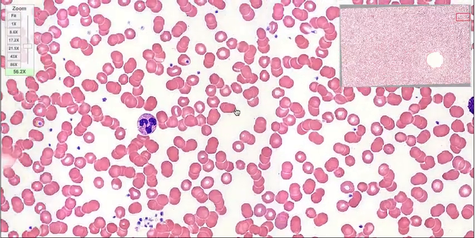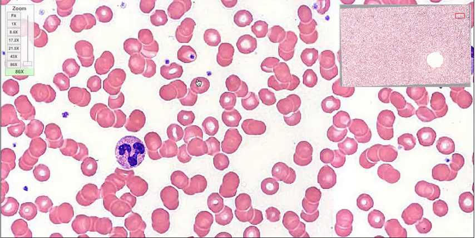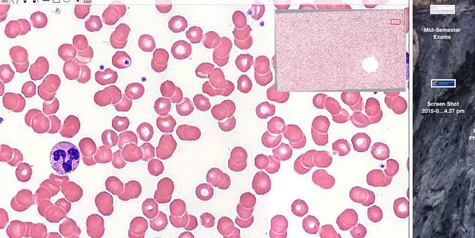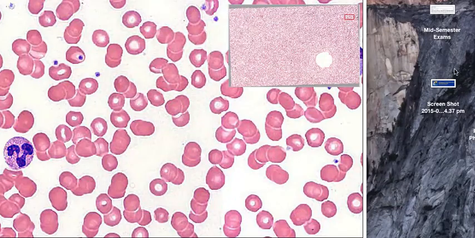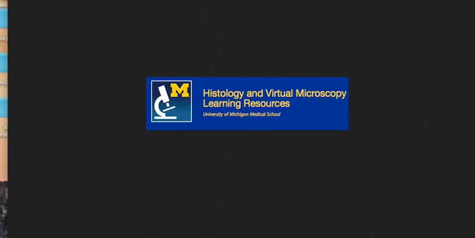What I recommend you do to learn how to look at a blood smear is you can use this site that I'm using. Props to these guys.